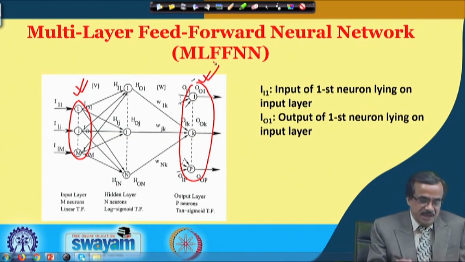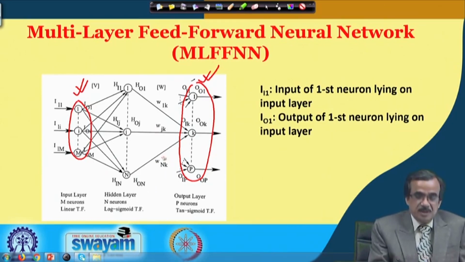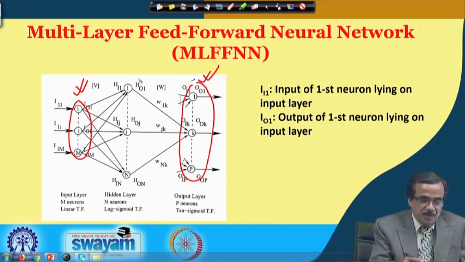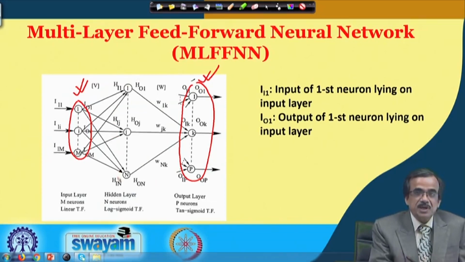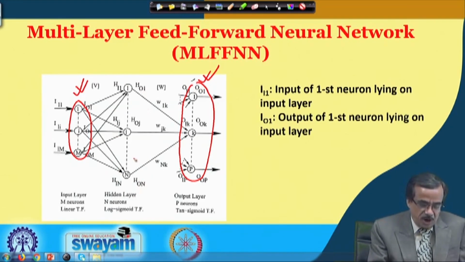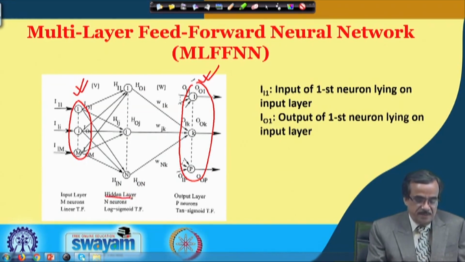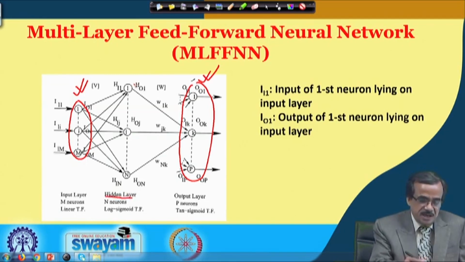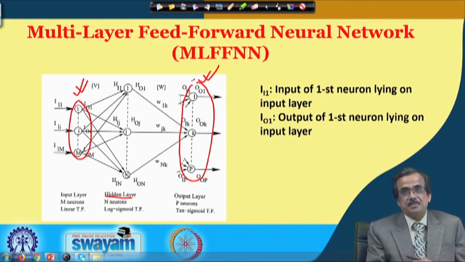Now, the architecture of this particular network depends on the number of hidden layers and the number of neurons you put in each of the hidden layers. Now, here you can see for simplicity, we have considered only one hidden layer, and this hidden layer is having say capital N number of neurons.